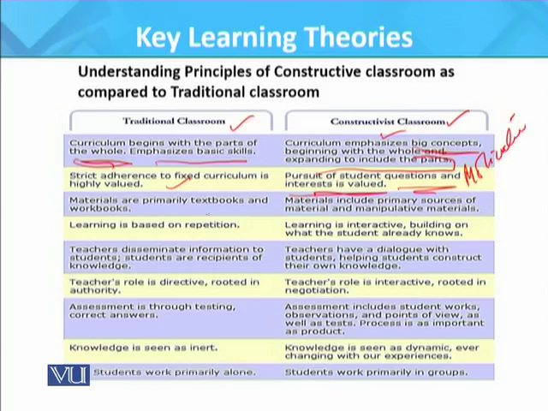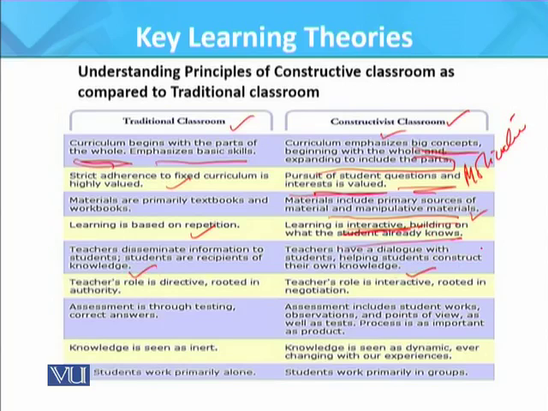Materials are primarily textbooks and workbooks, whereas here the materials include primary sources, which are basically one's own experiences. Learning is based on repetition there, whereas here it is interaction and building one's own knowledge. There the teacher disseminates, and here the teacher has dialogue with students.